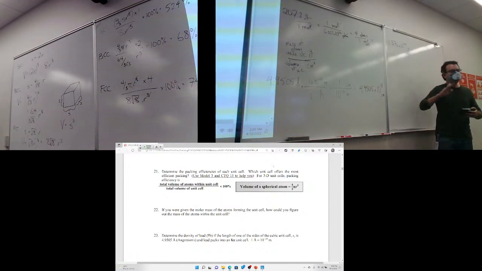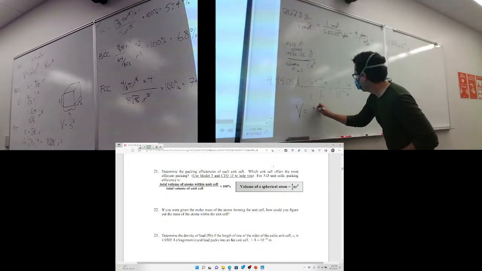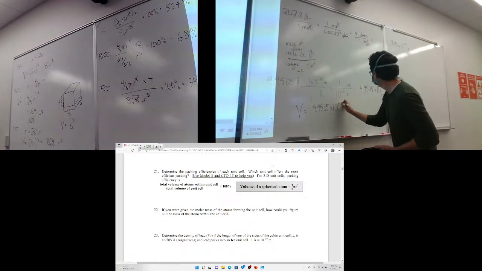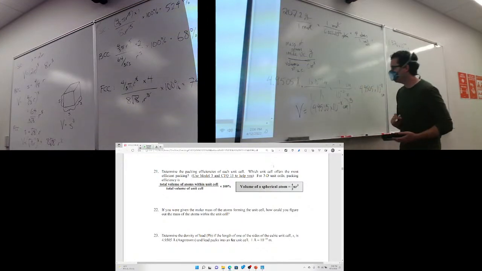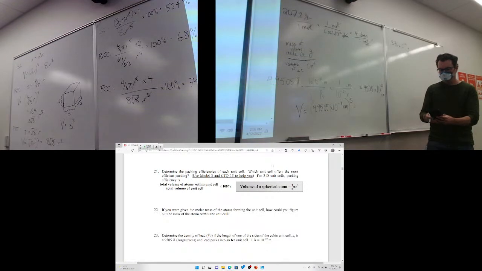But I don't want length, I want volume. So the volume is 4.9505 times 10 to the minus 8 centimeters cubed. It's the side cubed.